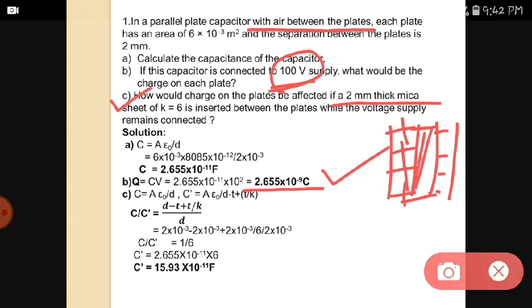It has a thickness of 2 mm and a dielectric constant of 6. What will happen if such a dielectric or medium is inserted between the two plates? That we have to find out.